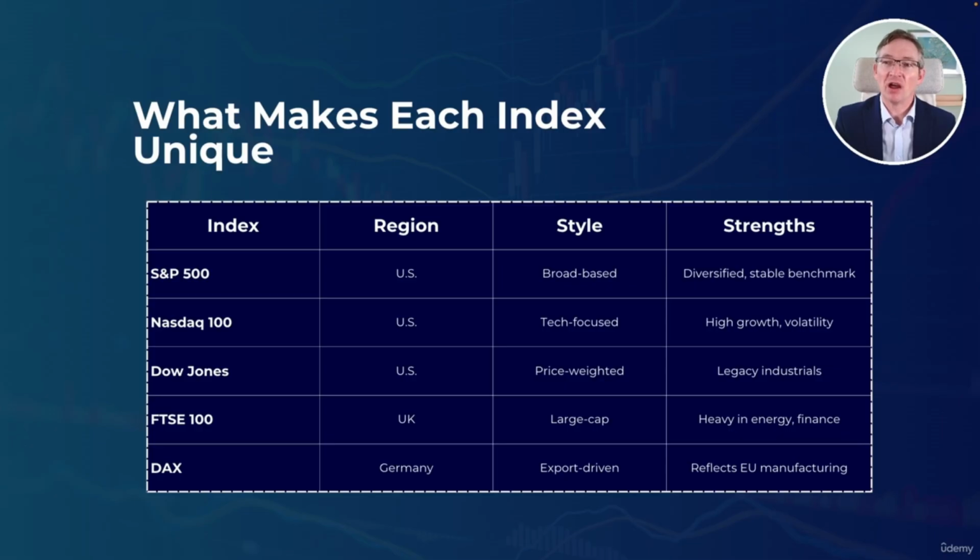They're referring to tradable instruments built on these indices. So by learning how these global benchmarks move and why, you're going to unlock a much deeper understanding of both market behavior and global economics.